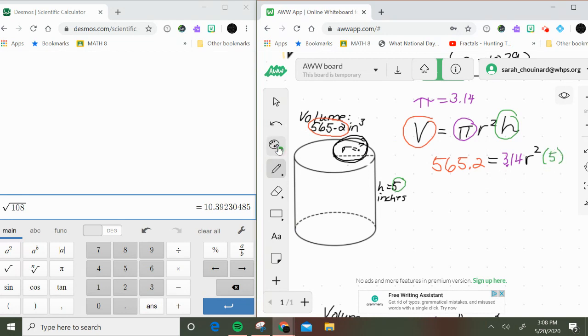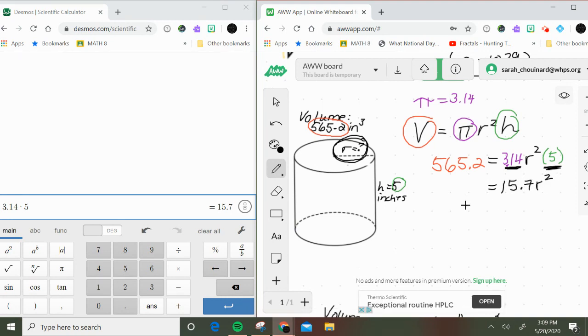So on the right-hand side, this is all being multiplied together, all of these terms. So we're going to figure out what is 3.14 times 5. Let's multiply those together. 3.14 times 5 is 15.7. So 15.7 is the coefficient of r squared, it's multiplying r squared. So to get r squared by itself, I need to get rid of the coefficient of 15.7 by dividing both sides by 15.7.